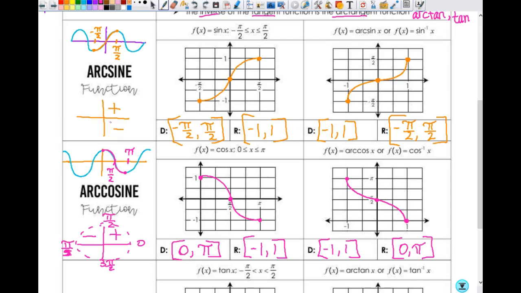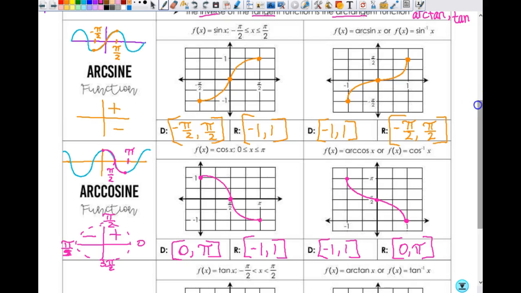So for cosine, do you see how all of the angle answers are positive? That's because even when I have negative ratios, like negative square root of 2 over 2 or whatever, I'm still talking positive angles because I'm using quadrants 1 and 2. I'm going from 0 to pi instead of from negative pi halves to pi halves. I'm restricted to just those values. Okay, we good with that so far? It'll get better. Just stay with me.